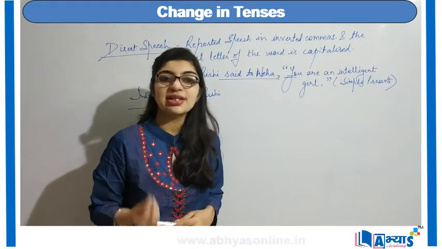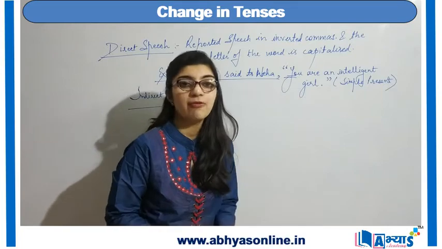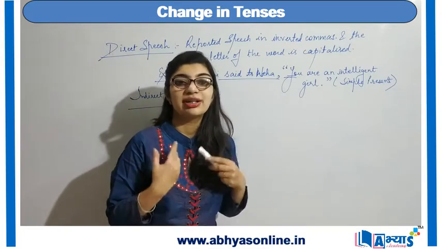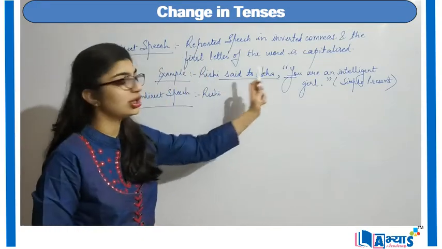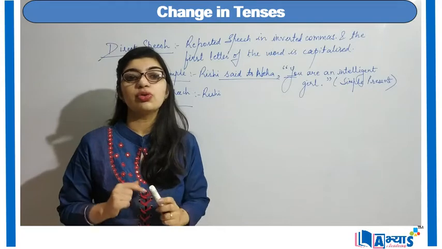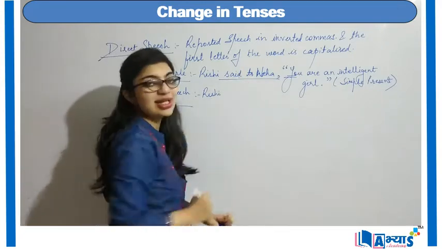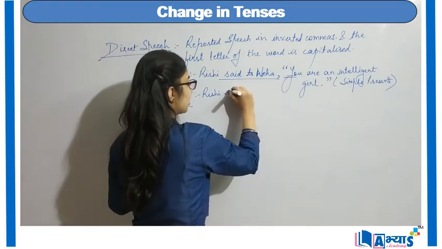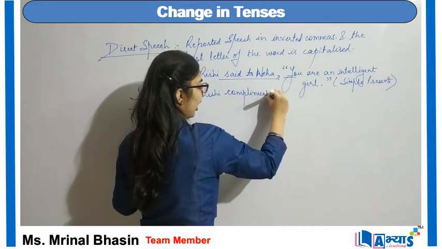So when you praise someone, either for her skills, for her talent, for her good looks, for her good work, you will always give a compliment. So said to Neha gets converted to complimented. Why complimented? Because said is in past form. So Rishi complimented Neha.